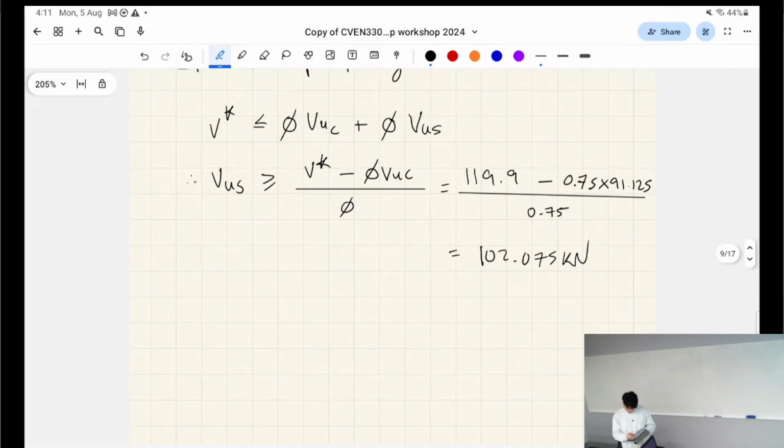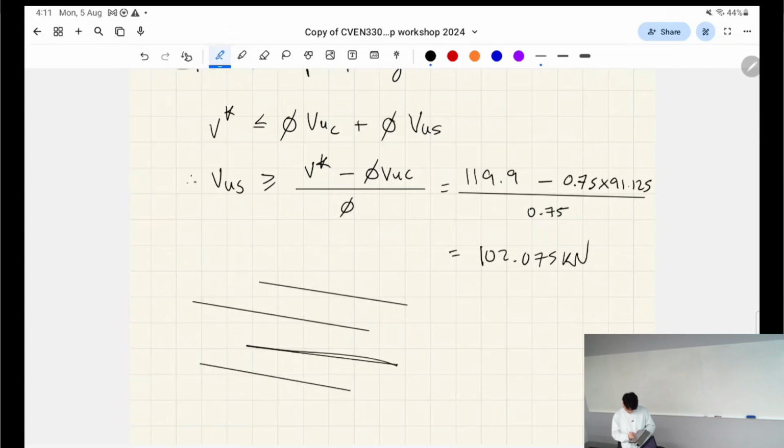But let's take a step back. Here's our beam. I'm going to do a 3D view of it. Here's the stirrups, and there's the axial bars and stuff.